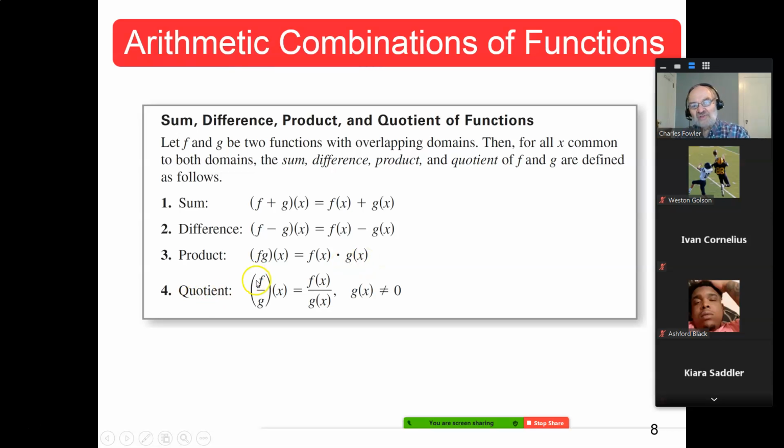And the quotient function, f divided by g of x, is f of x divided by g of x, as long as g of x is not equal to 0. As soon as you write that down, you say that denominator can't be 0, then you figure out what values of x would make it 0 and exclude those values. Everything else that's in common with the two domains is fine, but anything that makes g 0, you have to exclude. Now that's blah, blah, blah.